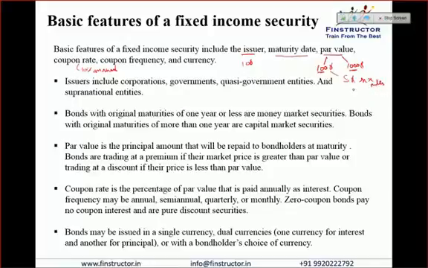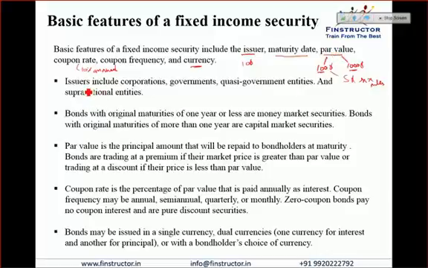So these four characteristics and the currency essentially define a fixed income security. The payments would be made in dollars or euros or some pre-decided currency. So it's fixed income because the coupon rate is guaranteed, the coupon frequency is fixed, and there is a maturity date at which the par value of the bond will be returned.